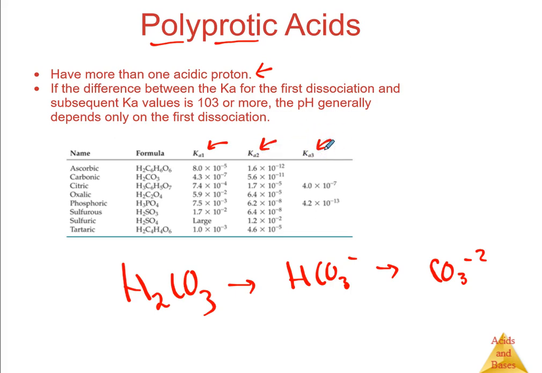Now, this is never on a free response, because that math is really hard. But it is often in multiple choice, and it will ask you which is the more important one. Almost all of them, and all of them on this list, the first K is what we care about the most. But if it says which K is more significant, we just need to look at the one that is the larger value.